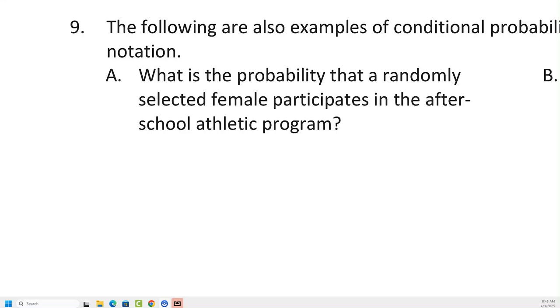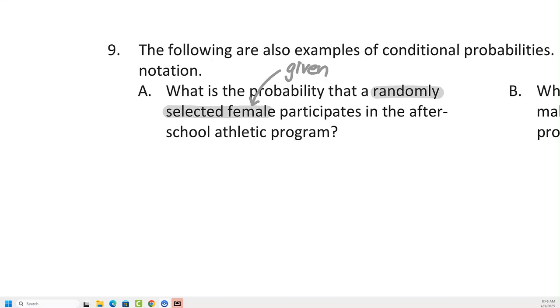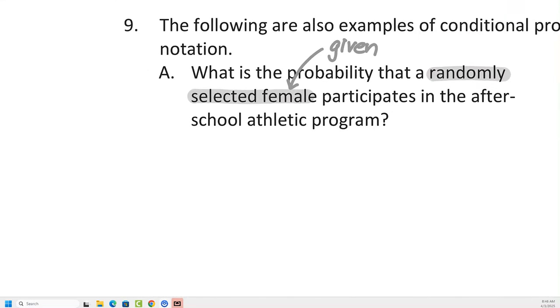Well, a randomly selected female, this is a given. So from the females, we're going to look and see what's the probability that they participate in an after-school athletics program. Got it? So let me first write out over here.